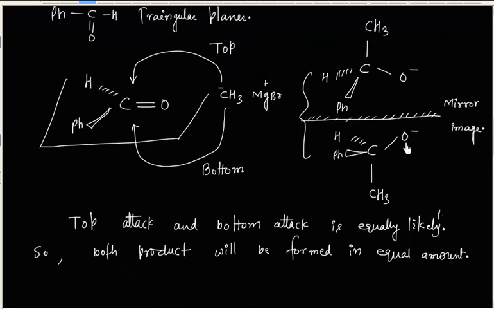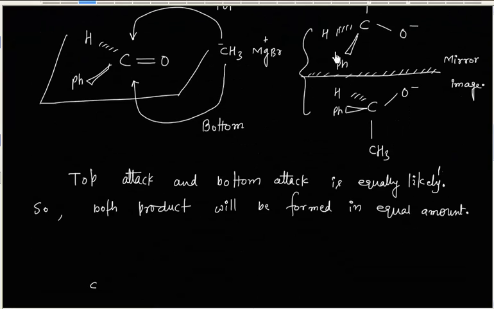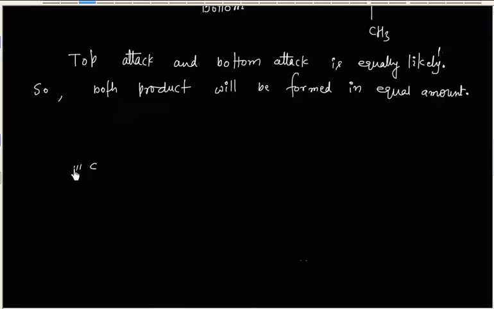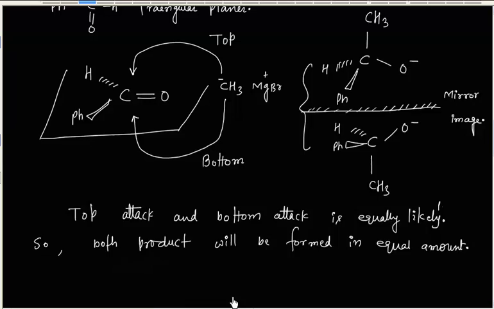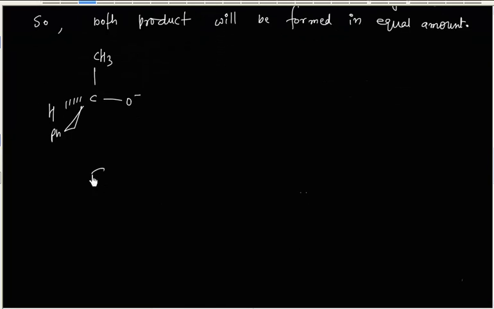So this means I will have this product, and then we have CH3O minus, as well as this product, and we will have both products in equal amount.